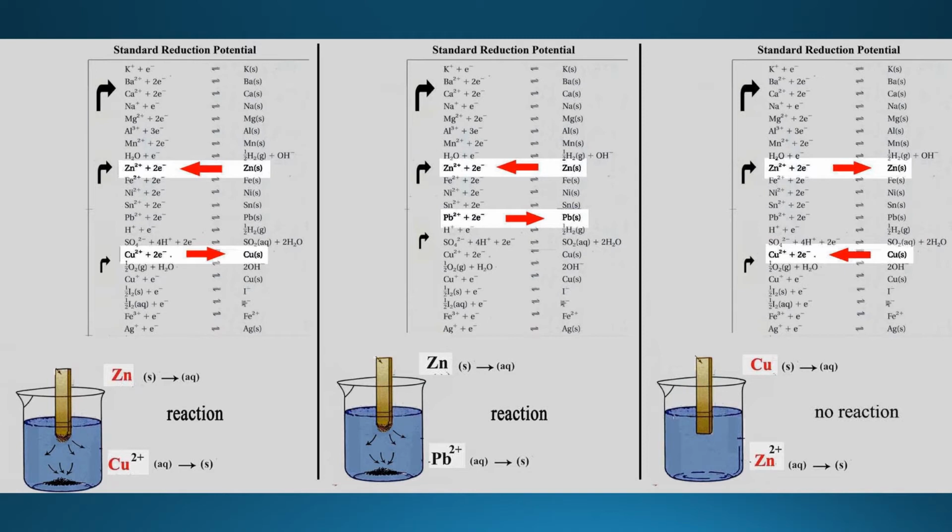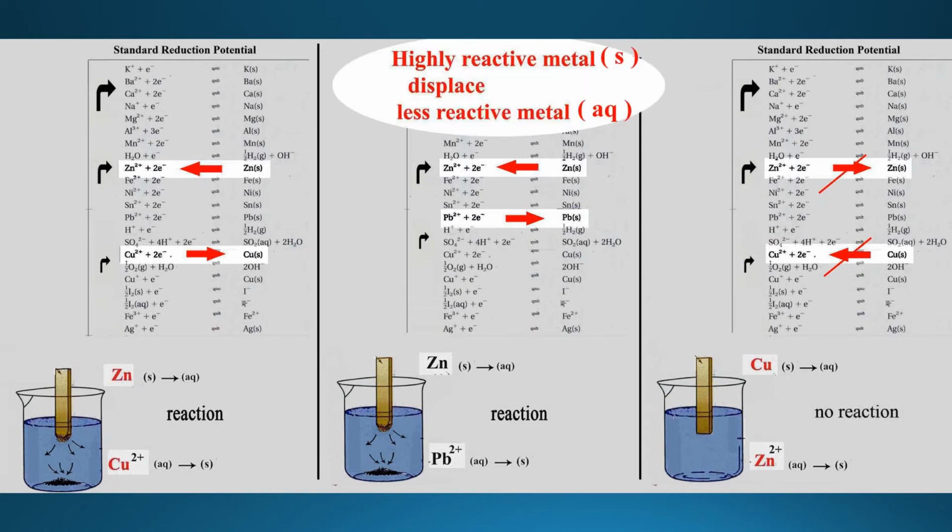Now look at this trend. The top can react with the bottom. The arrow flows from top to bottom, but not from bottom to top. So the last one has no reaction. So the rule is the highly reactive metal solid can displace the less reactive metal aqueous.